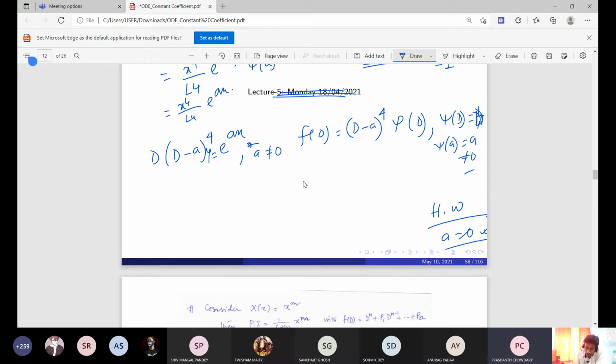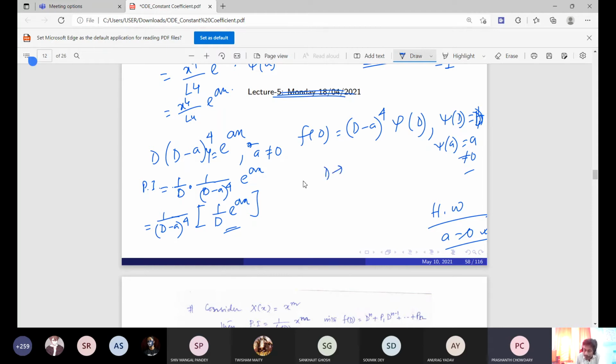So see here you have this differential equation. The particular integral will be 1 by d into 1 by d minus a to the power 4, e to the power x.